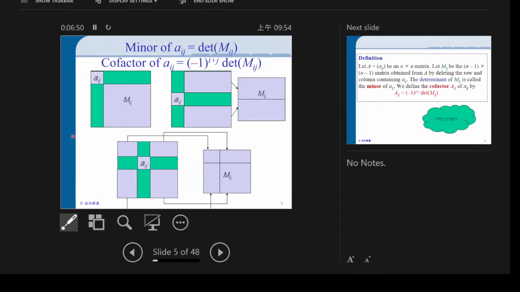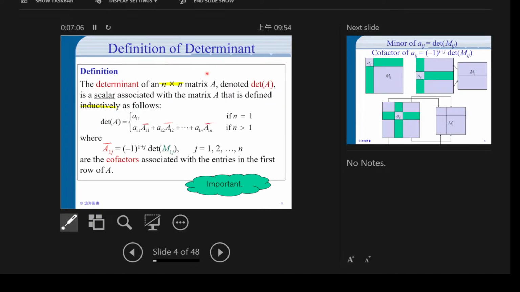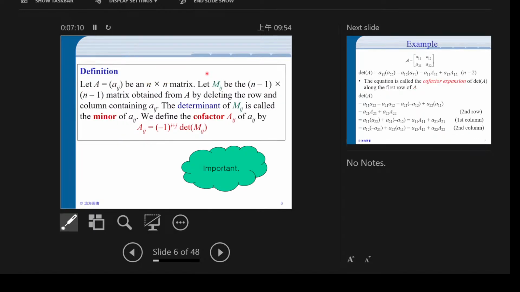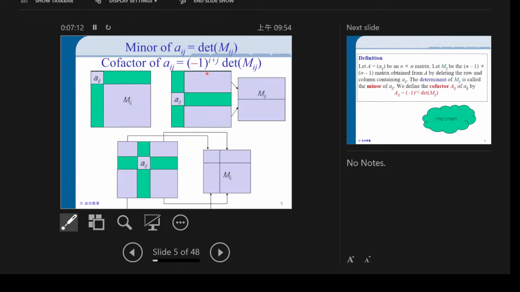Okay, so we have all those Aij here, and we can define the minor of the, sorry, so we have two definitions here, I think. Okay, so we have those submatrices related to each element.